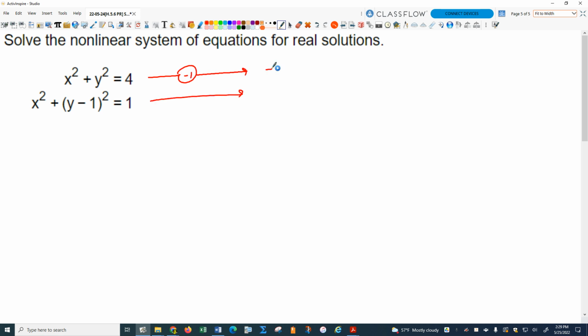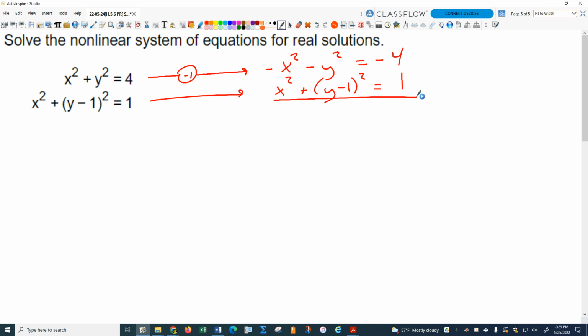So that's going to give me negative x squared minus y squared equals negative 4. And on the bottom, I get x squared plus y minus 1 quantity squared equals positive 1.